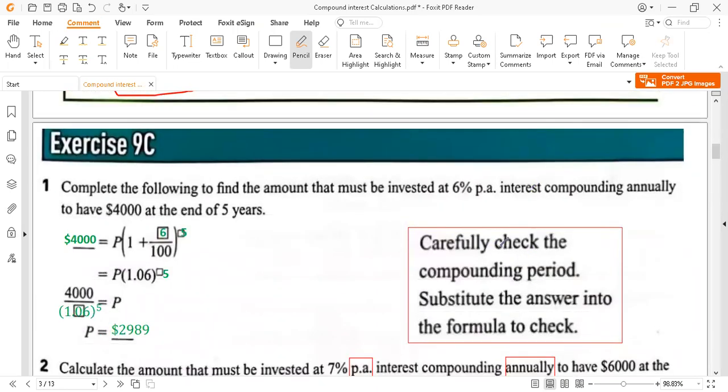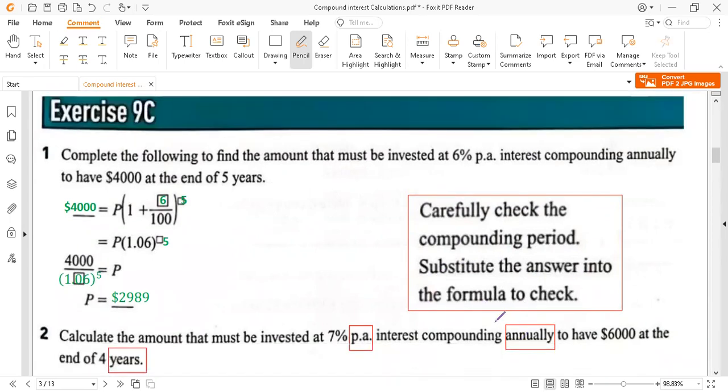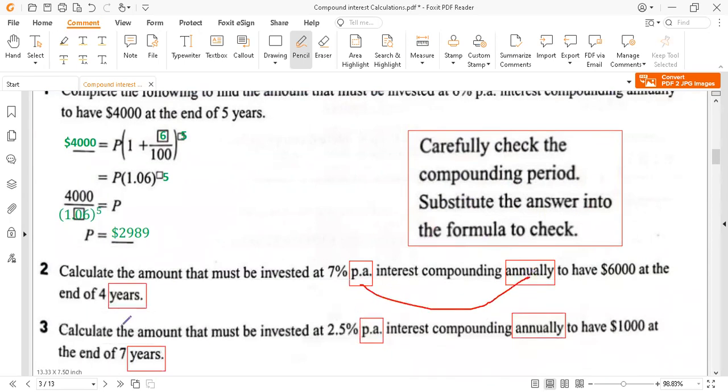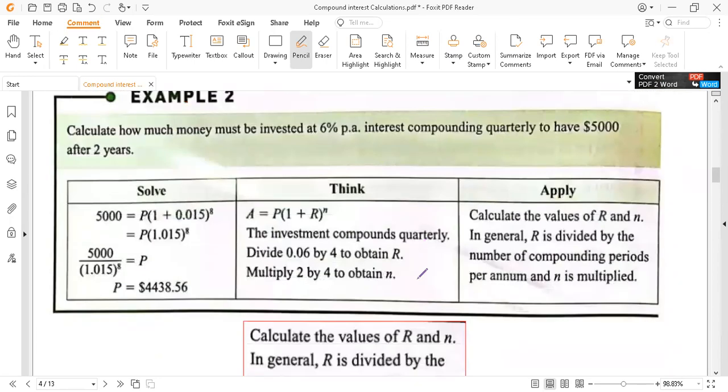Be careful when matching the values to the terms, and check the compounding period before substituting into the formula. For example, per annum, annually, years: these are all consistent with each other, so we can use the formula directly, but sometimes they are not. For example, here we also want to calculate how much money must be invested.